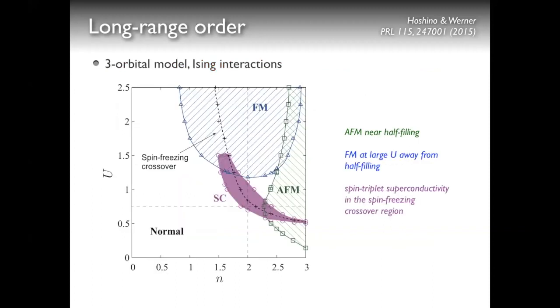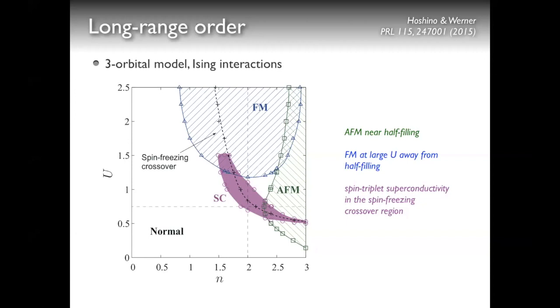And here's again this phase diagram in the space of filling and interaction of the three-orbital model with degenerate orbitals. The black dashed line here on this plot shows the spin freezing crossover line, defined by the peak in this dynamical contribution to the local spin susceptibility. But now we also indicate the electronic ordering instabilities.